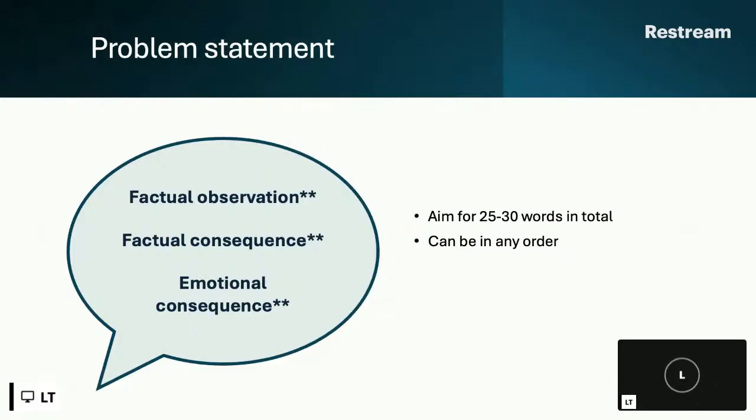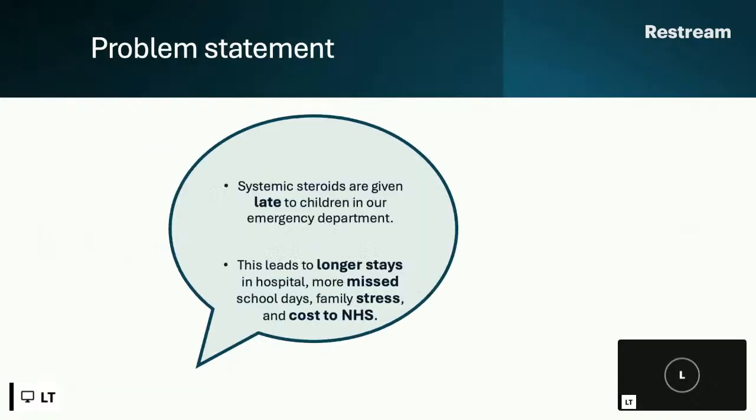They don't have to be in any specific order. Here is my asthma example: systemic steroids are given late to children in our emergency department. This leads to longer stays in the hospital, more missed school days, family stress, and cost to the NHS.